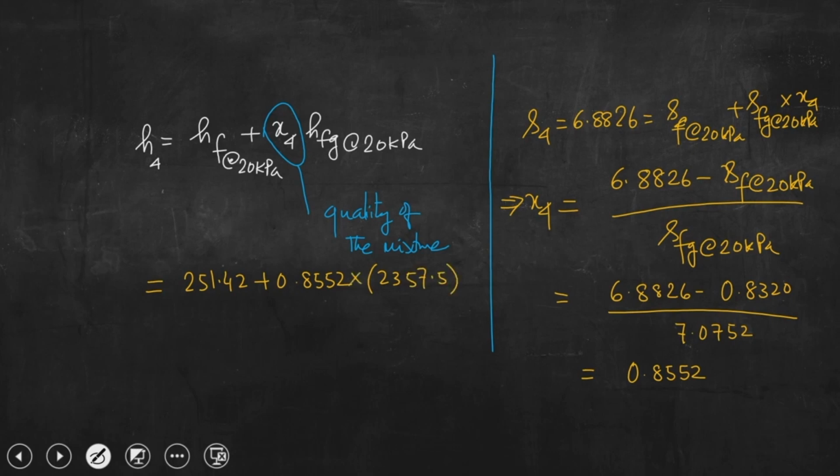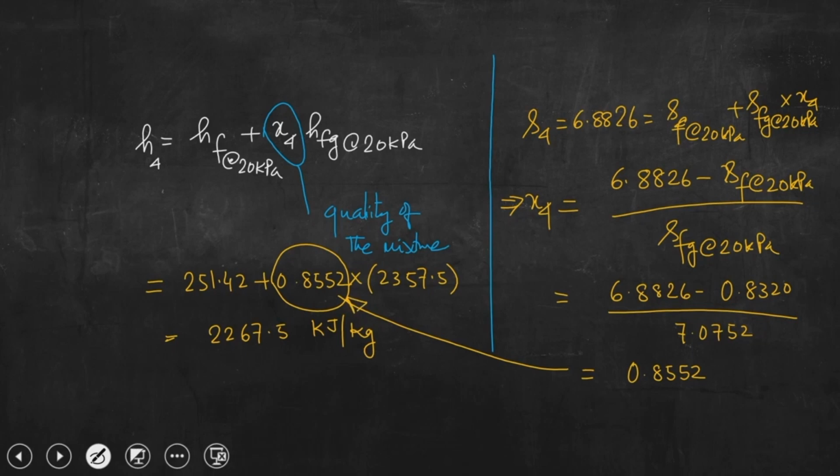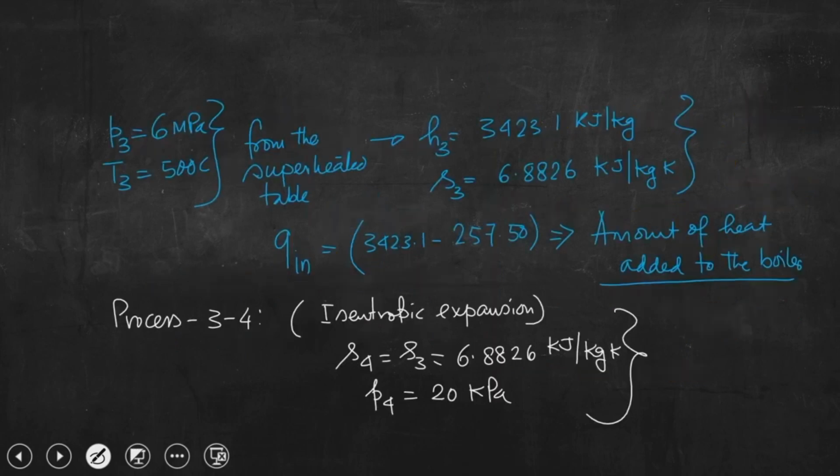If we calculate it, it is coming as 2267.5 kilojoule per kg. So, we have calculated H4.